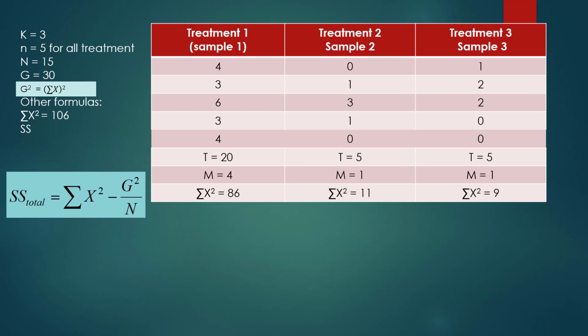So then let's do this calculation for the sum of squares total. We're going to take the sum of x squared, which we calculated previously as 106. We took 86 plus 11 plus 9. So the total is going to be 106 minus G squared, so this is our G value, 30 squared over big N. So big N is 15.